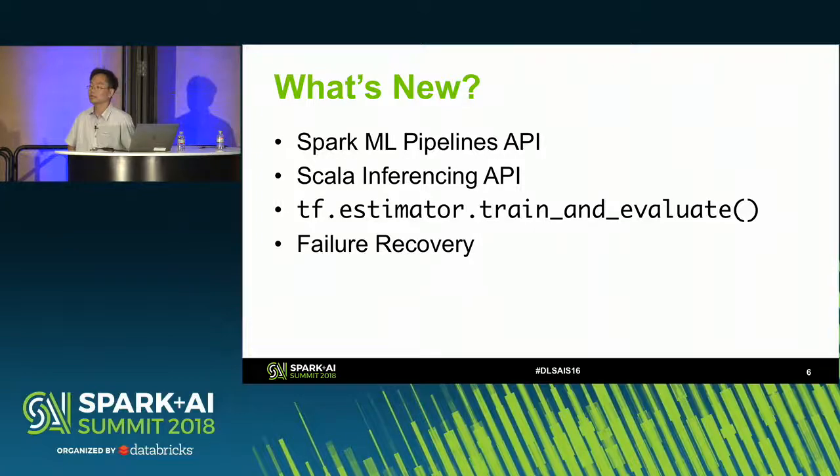One of the things that we've heard from some of our customers is that sometimes you get a model from the public domain, from your data scientists, and your production pipeline is all in Scala, and you really don't want to introduce Python into your pipeline, so this is a way to do inferencing in Scala. The other one is support for the new TF Estimator train and evaluate API. I'll get into those details later, and failure recovery.